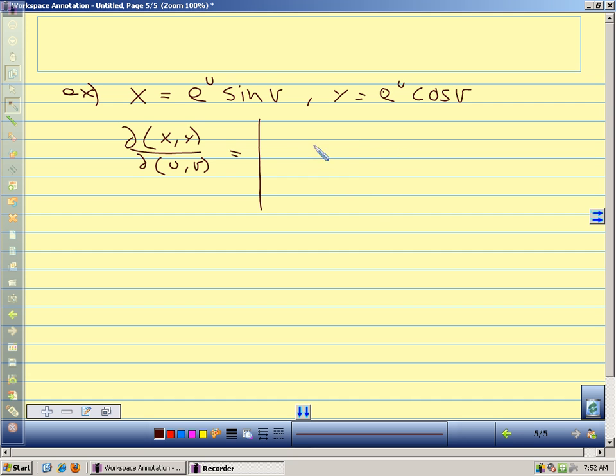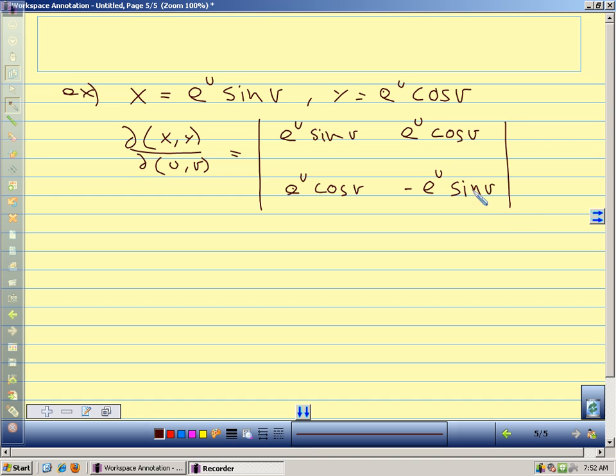So dx du, e to the u sine v, dx dv, e to the u cosine v, dy du, e to the u cosine v, and dy dv, minus e to the u sine v.